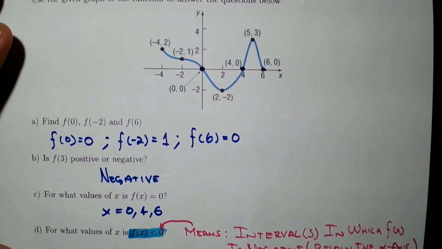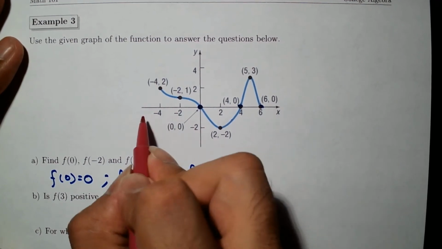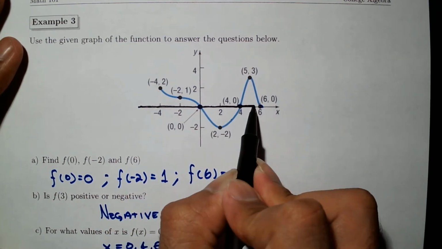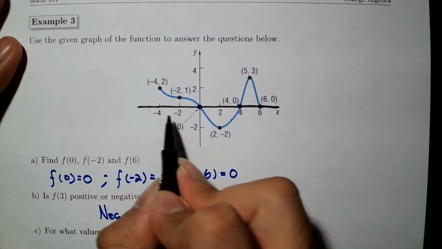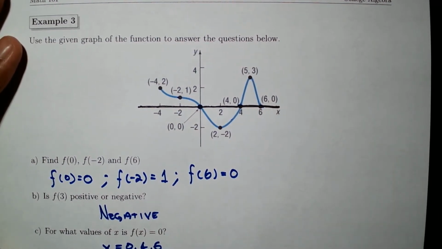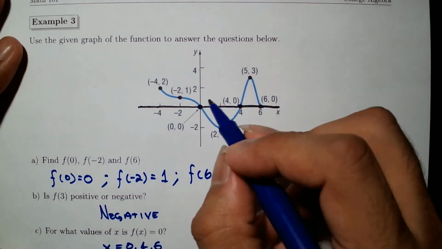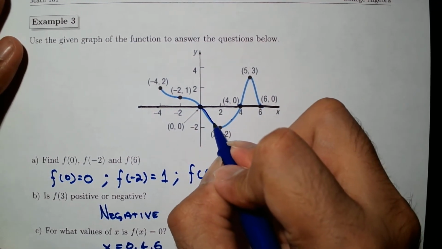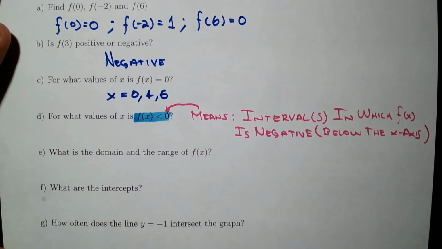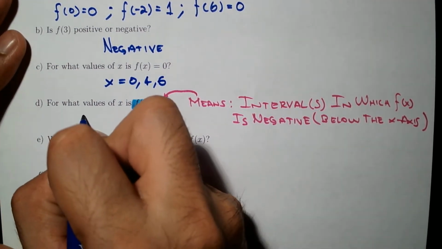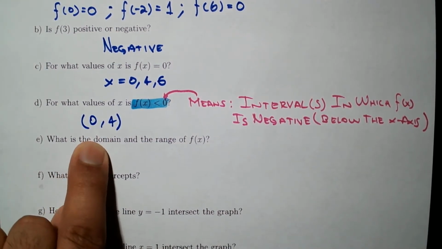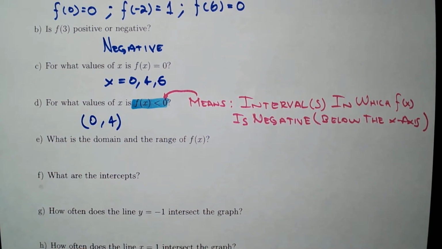So I'm going to go up to the graph right here, and draw a horizontal line exactly on the x-axis. Everything below is negative, everything above is positive. In this case, I'm looking for the positive part, which goes from 0 to 4. This is not an ordered pair, but rather an interval.